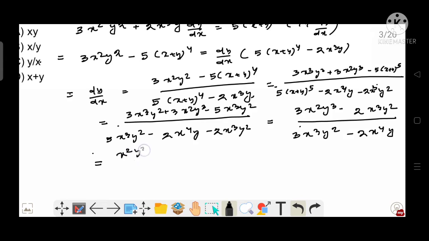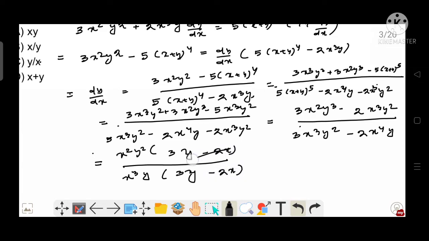x square y square, if we take 3y minus 2x common, divided by, if we take x cube y common, we have 3y minus 2x, which cancels out, and this should cancel y by x, which is the answer C, isn't it?